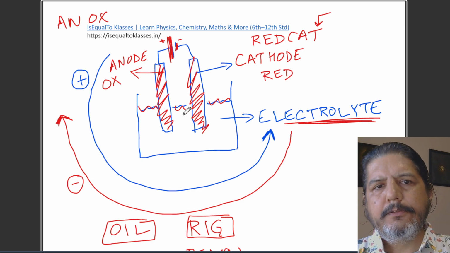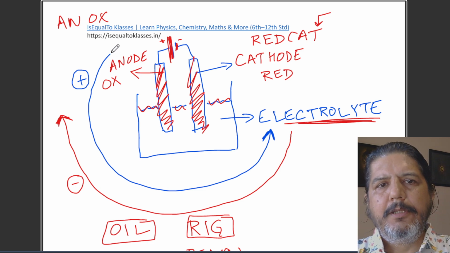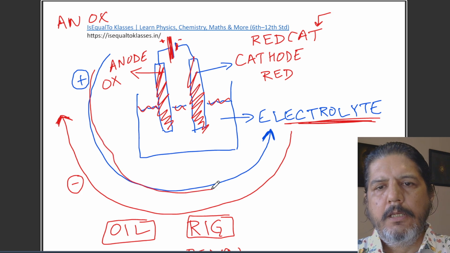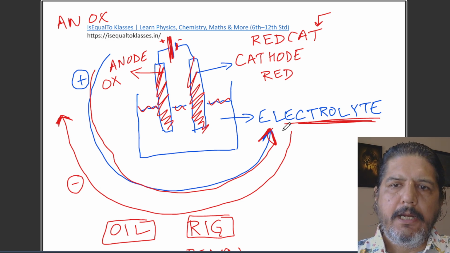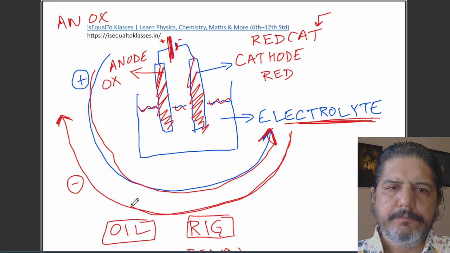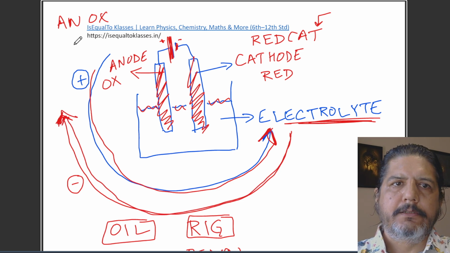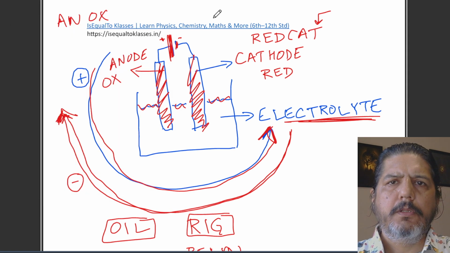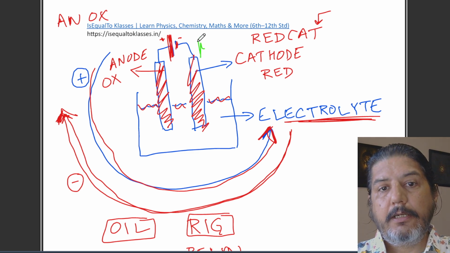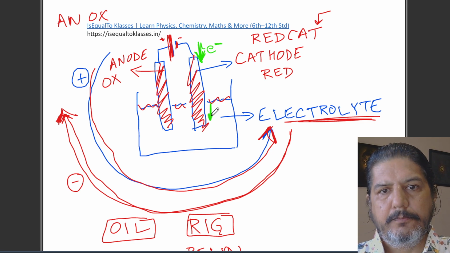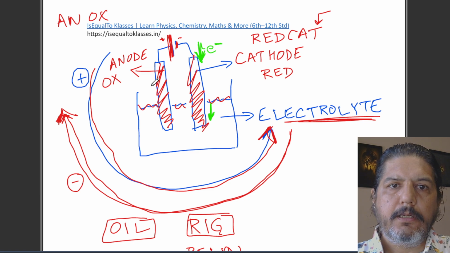Another thing that you can remember is that the positive ions will always be moving in the anti-clockwise direction, and the electrons will be moving in the clockwise direction. One way of remembering this is to assume that electrons are coming from the right hand side and going down like this, and the positive ions are going like this.